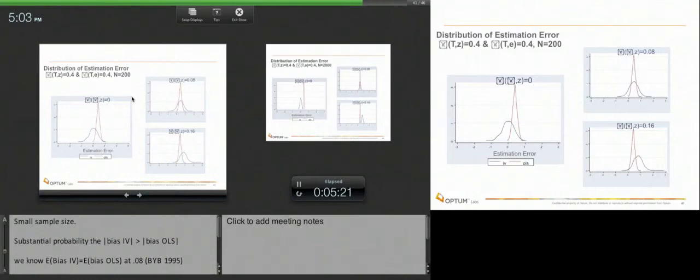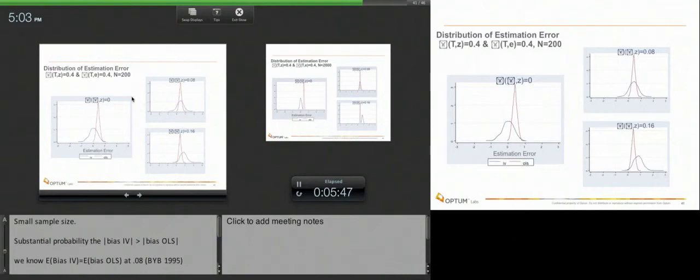Now, in this upper panel, we have an 8% residual correlation between the instrument and the error term. So it's not a big correlation, but they're both equally biased.